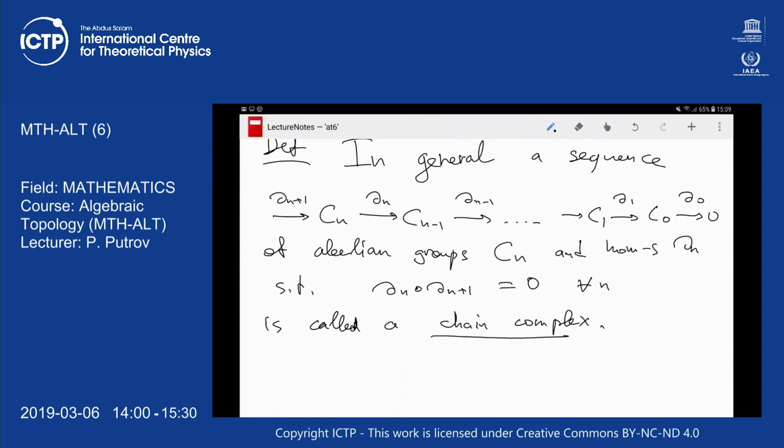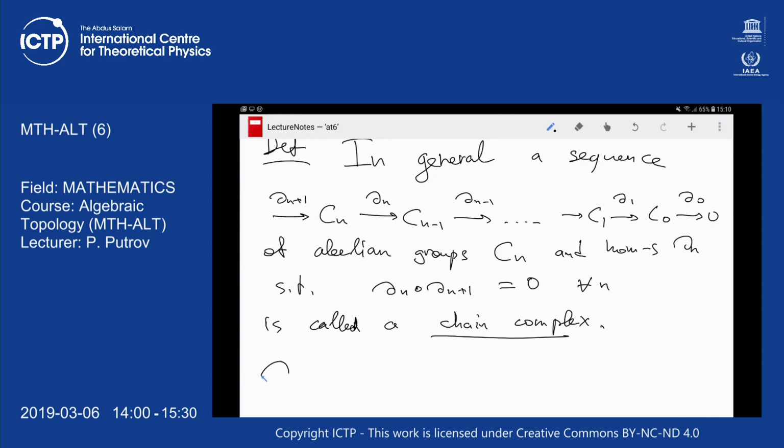Before, we had an example of a chain complex where the C_n's were delta n's, and the D's were the boundary homomorphisms. But here this is a general definition. In general, a chain complex can be any sequence of abelian groups C_n and maps between them that satisfy these conditions.